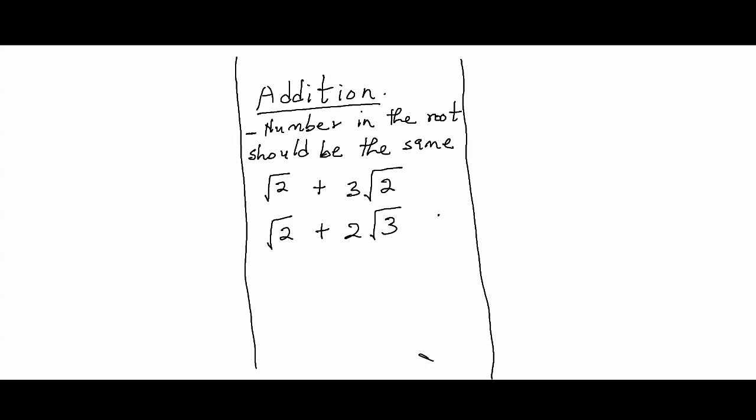You cannot add these two sets because the values inside the square root are not the same. But you can add these two sets because the values inside the square root are the same. So first of all, the values inside the square root should be the same. So let's try.